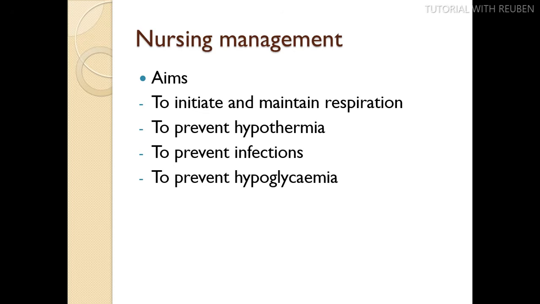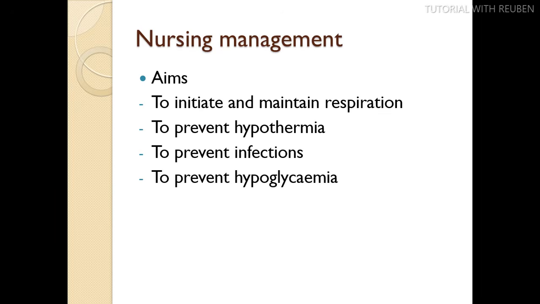And then the respirations, we're going to count the respiration to detect any respiratory difficulties. Then we're going to observe the skin of the baby for color, in order to detect cyanosis.